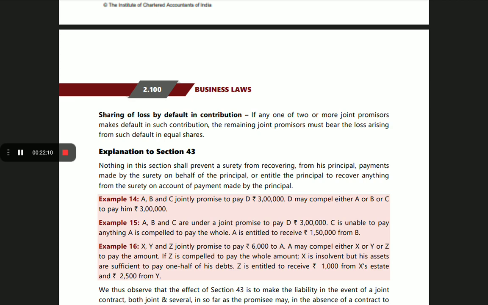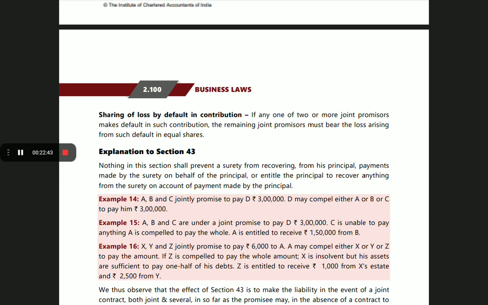Explanation to Section 43: Nothing in this section shall prevent a surety from recovering from his principal payments made by the surety on behalf of the principal, or entitle the principal to recover anything from the surety on account of payment made by the principal.